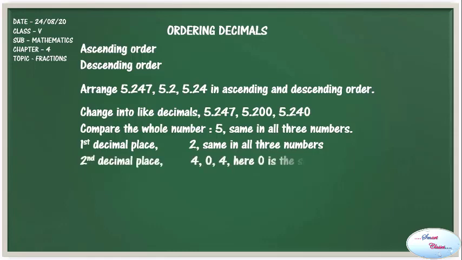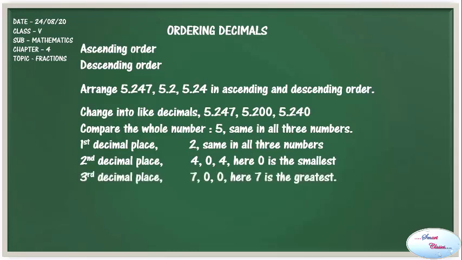Now let's compare the second decimal place, which is 4, 0 and 4. Here again 0 is the smallest one, which is in 5.200. Now let's compare the third decimal place, which is 7, 0, 0. Here 7 is the greatest one, which is in 5.247.